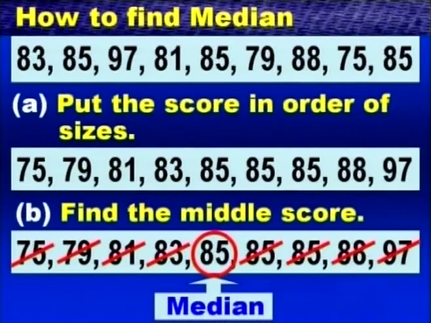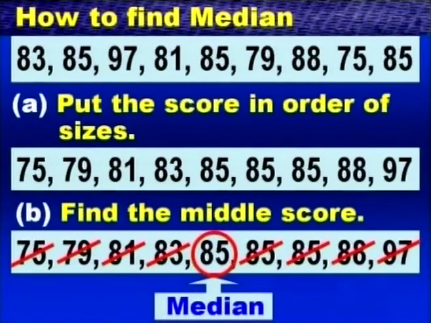And then B, you find the middle score or median by crossing from both sides. So in that example, the median is 85.